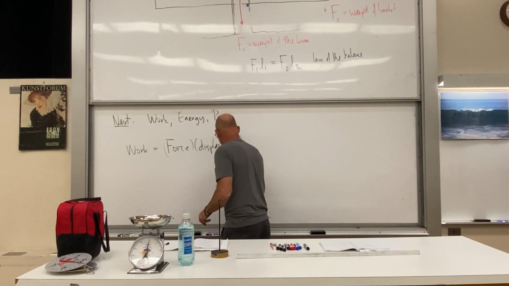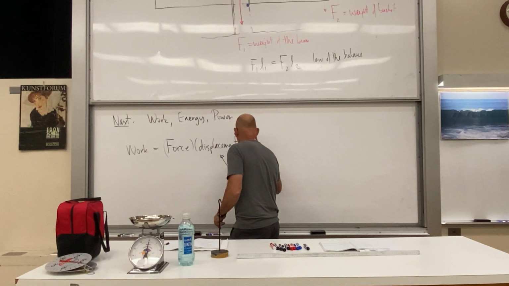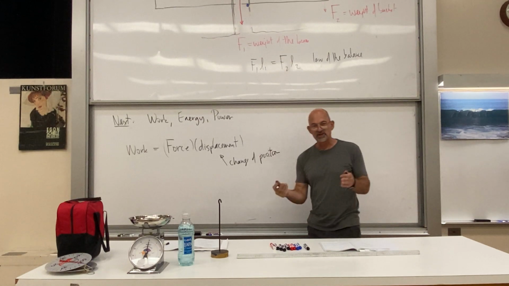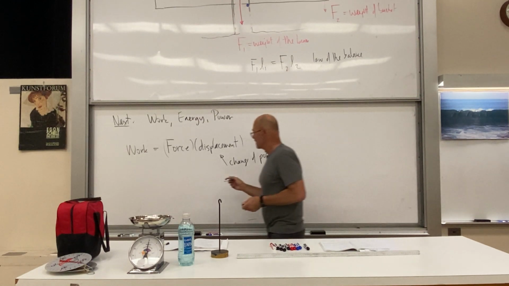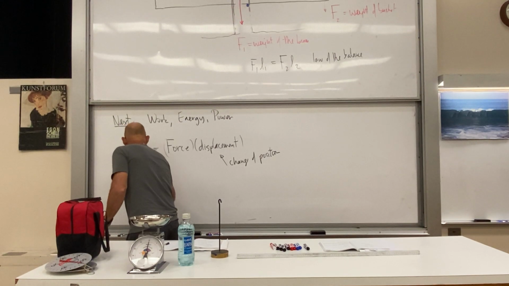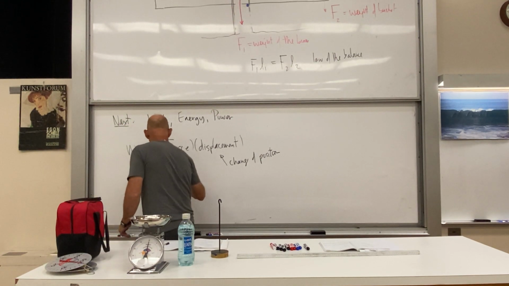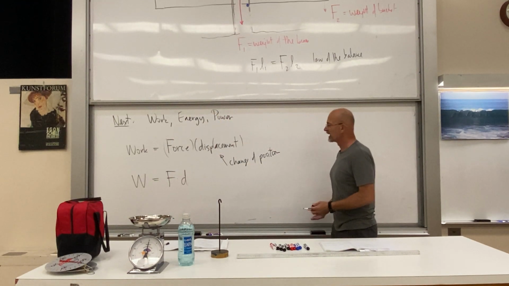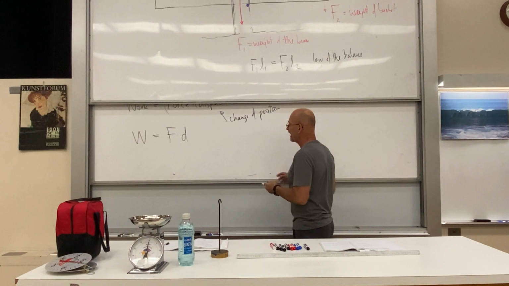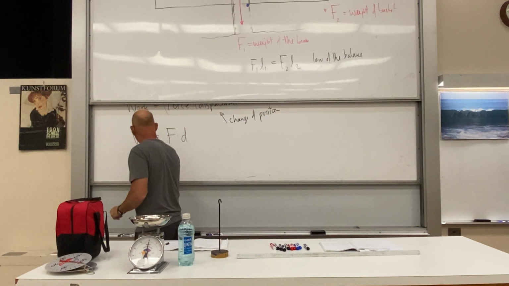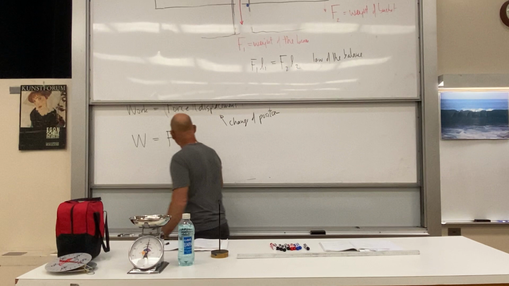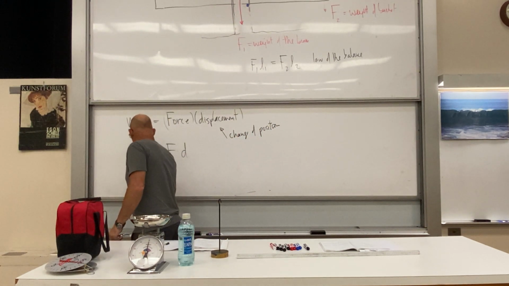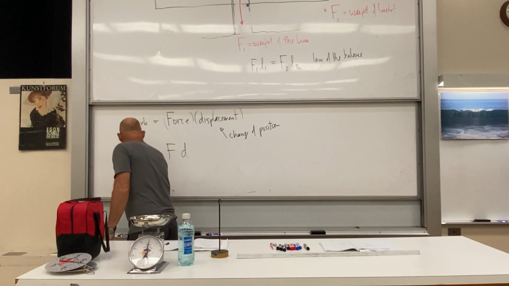And displacement here, that's a change of the position. In my example there, I changed it by 1 meter. So I can use the letters: W is equal to F times D. And right underneath here, since I already have the words work equals force times displacement, W is F times D, I'm going to put square brackets here.